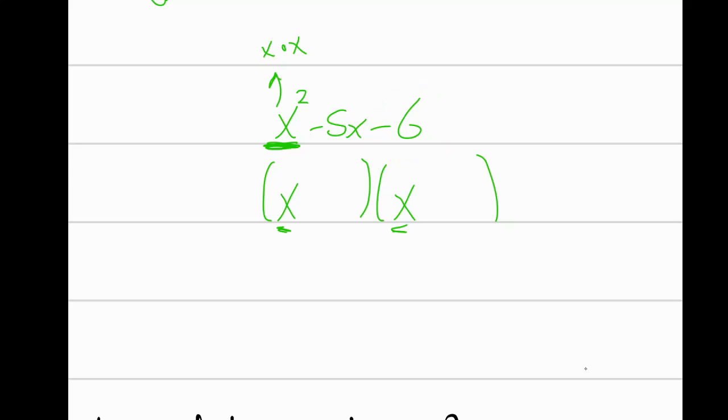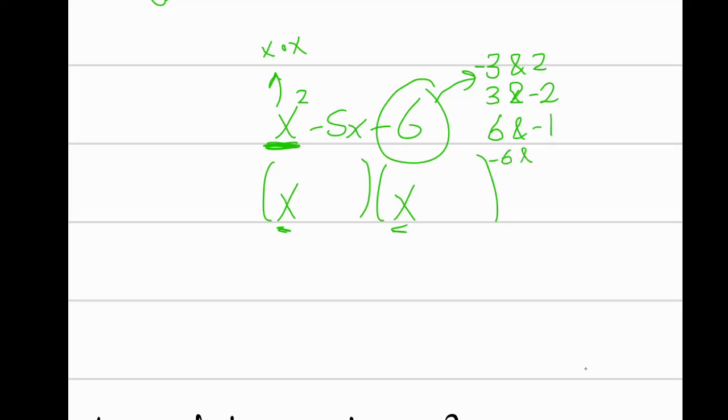Next, we're going to look at this and see what two numbers multiply to give that. So we have 3 and 2. One of them has to be negative, so I'm then going to write 3 and minus 2. But we also have 6 and minus 1, and minus 6 and plus 1.